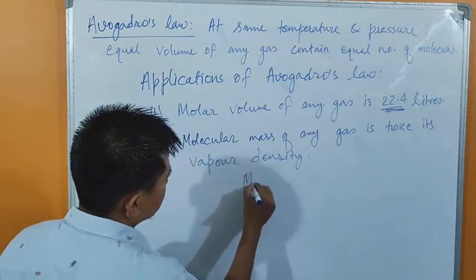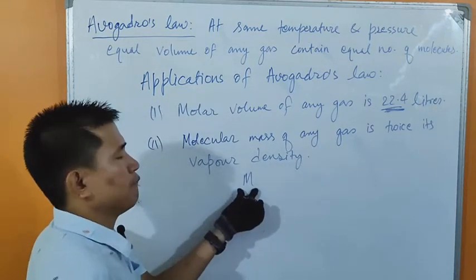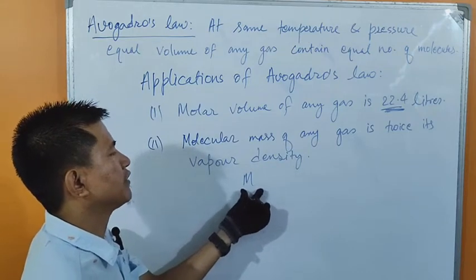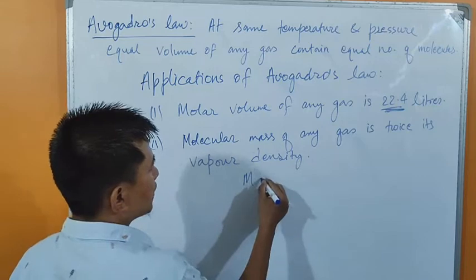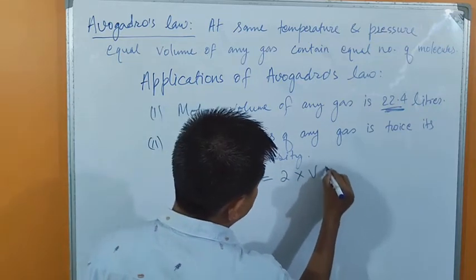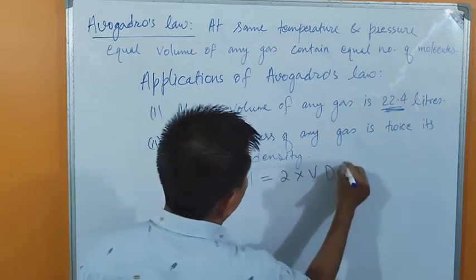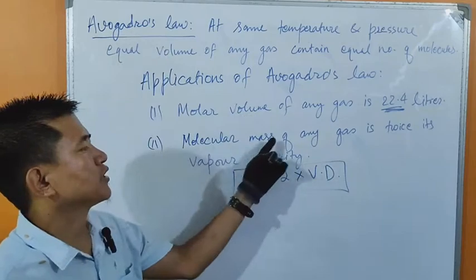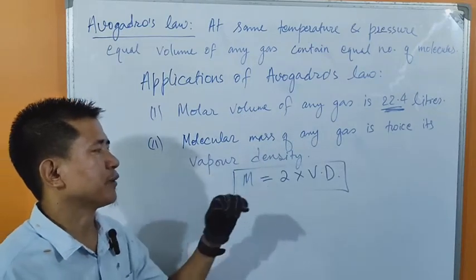If I denote molecular mass by M, then molecular mass will be equal to 2 times vapor density. This was deduced from Avogadro's law. The molecular mass of any gas is twice its vapor density.